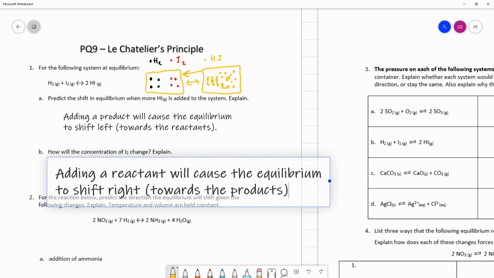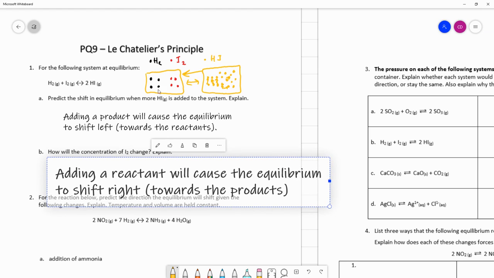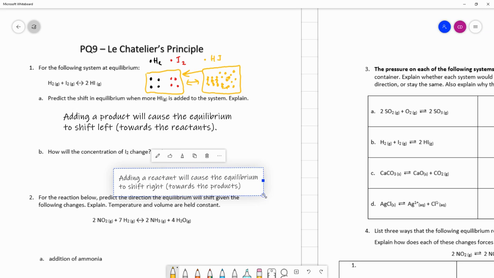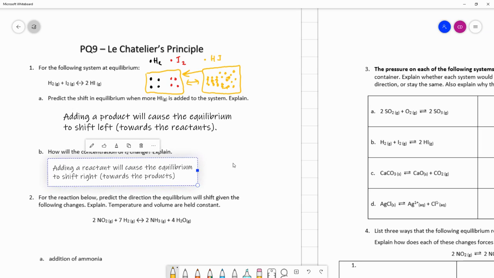And the reasoning is exactly the same as I just explained. Now we have more I2 molecules over there. There are more of them that are going to be able to react with the H2 molecules, and that will have the effect of pushing this equilibrium to the right, resulting in more HI molecules being formed.